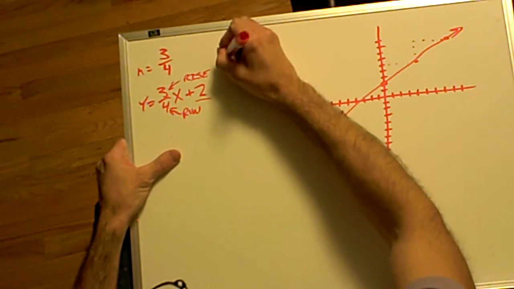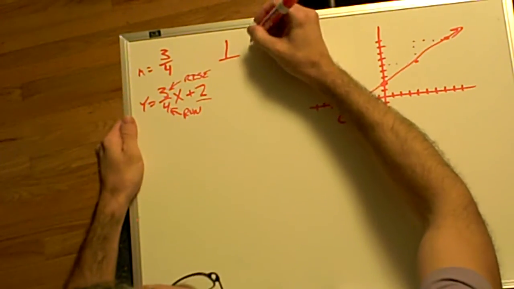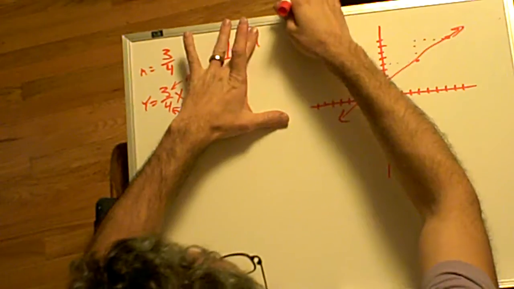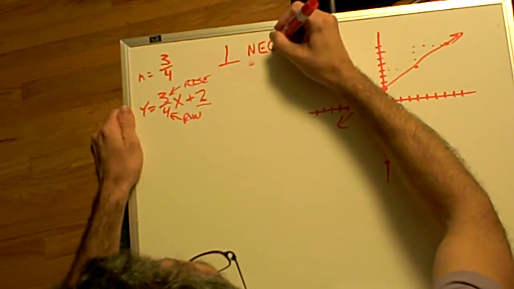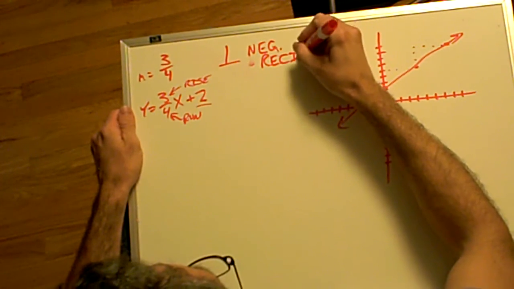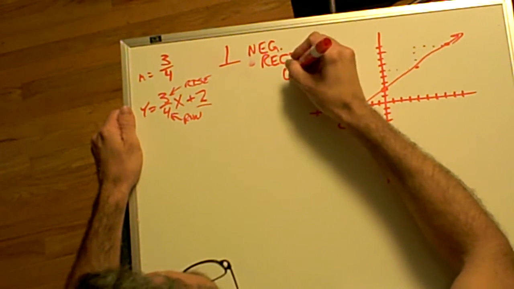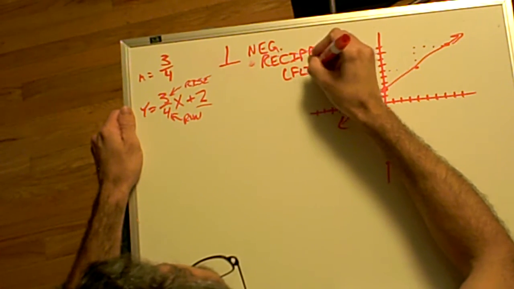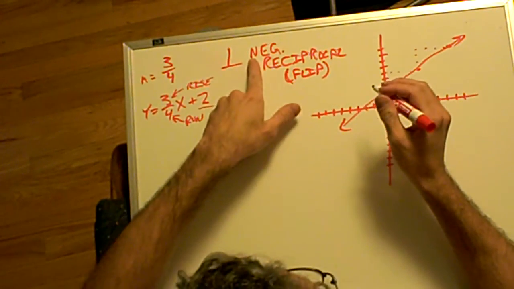Well, perpendicular means we take the negative reciprocal. Let's write this out as you can see it here. Reciprocal just means the flip. So we're going to flip it and we're going to make it negative.